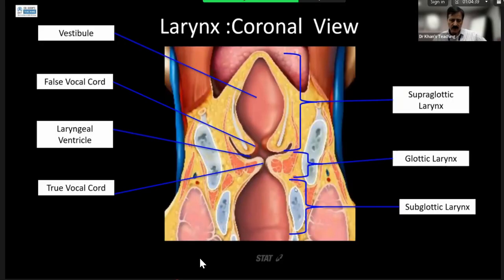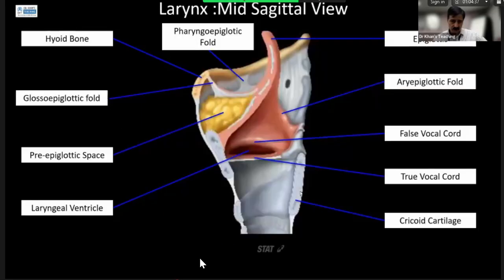Let's see a few further landmarks. On this, we can see that this is, of course, the thyroid cartilage. This is the arytenoid cartilage. And this is the true cord level. Here, this is the cricoid cartilage, and this is the anterior ring, the signet ring.